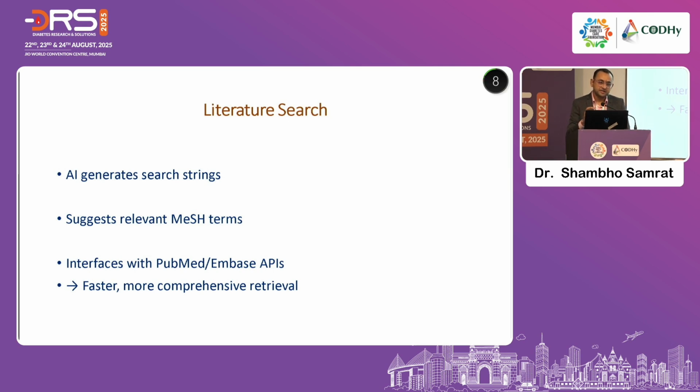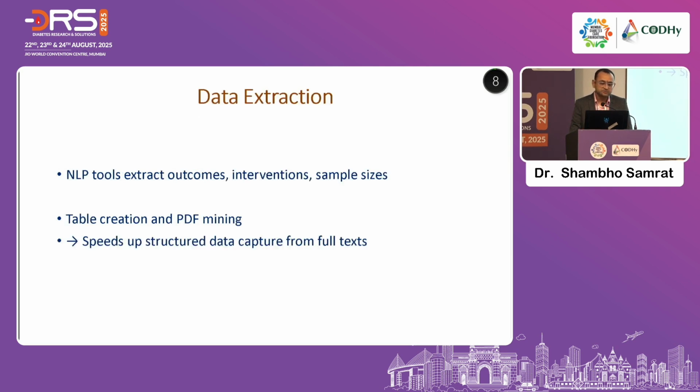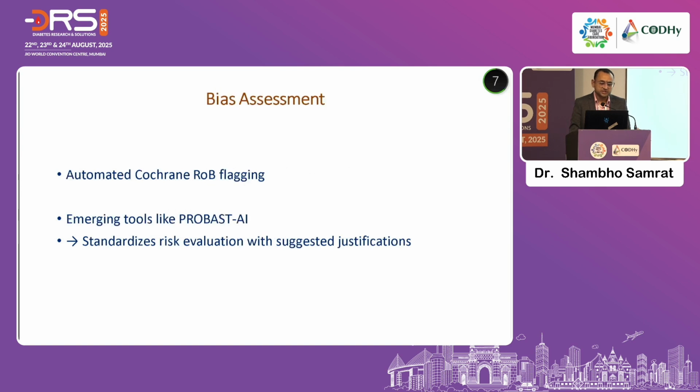And I think many of us know that ChatGPT now interfaces with PubMed and Embase APIs, so it is a faster, more comprehensive retrieval. When we talk about data extraction, we have different NLP tools which extract the outcomes, interventions and sample size accurately, and they will make the table for us and do the PDF mining. So ultimately it will speed up structured data capture from all full-text articles.